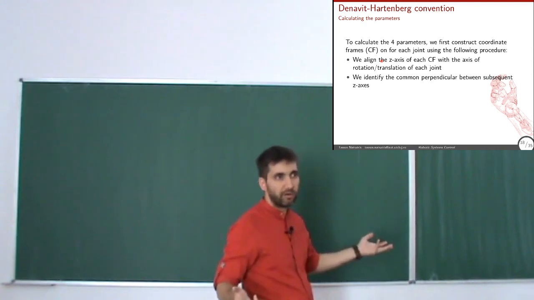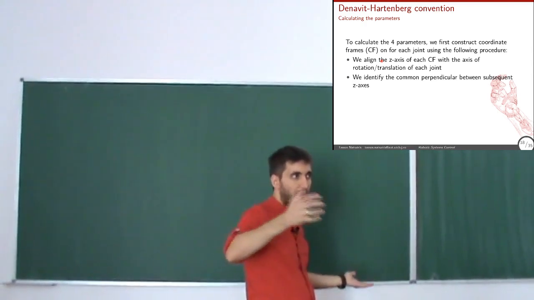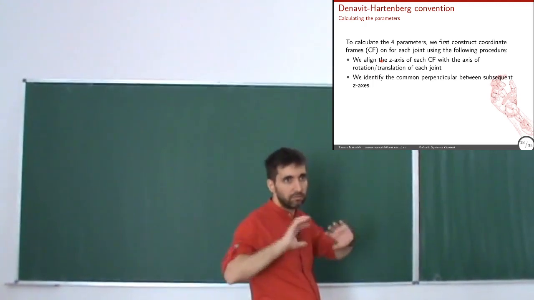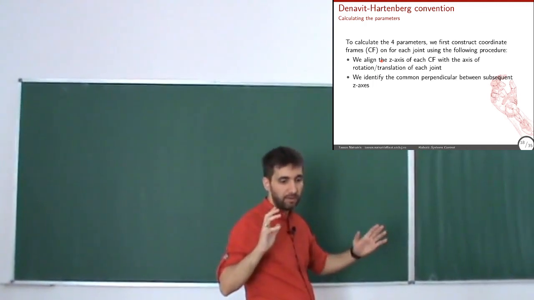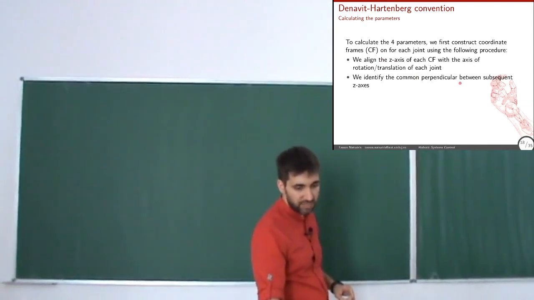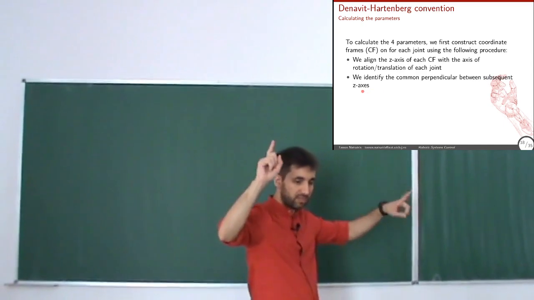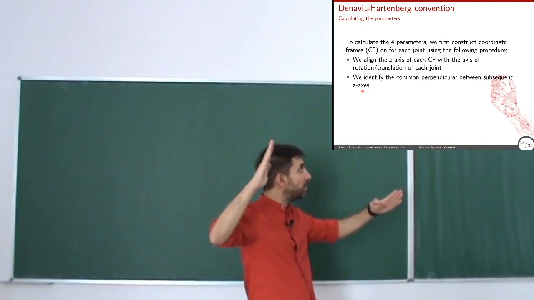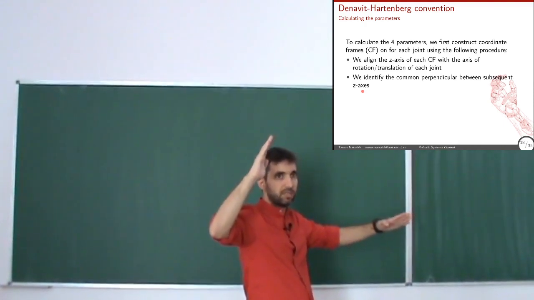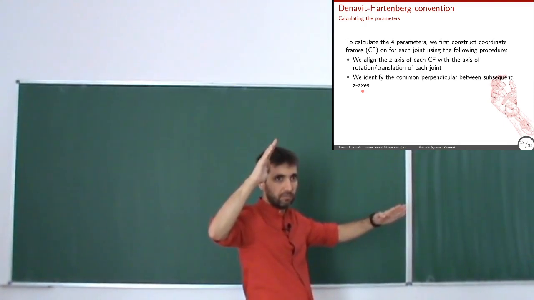What does common perpendicular mean? A line that is perpendicular to all the things that we're talking about, okay? So if I'm talking about two axes, because I'm talking about subsequent z-axes, z1, z2, I'm looking for a line that is perpendicular to z1 and z2, for instance, okay?